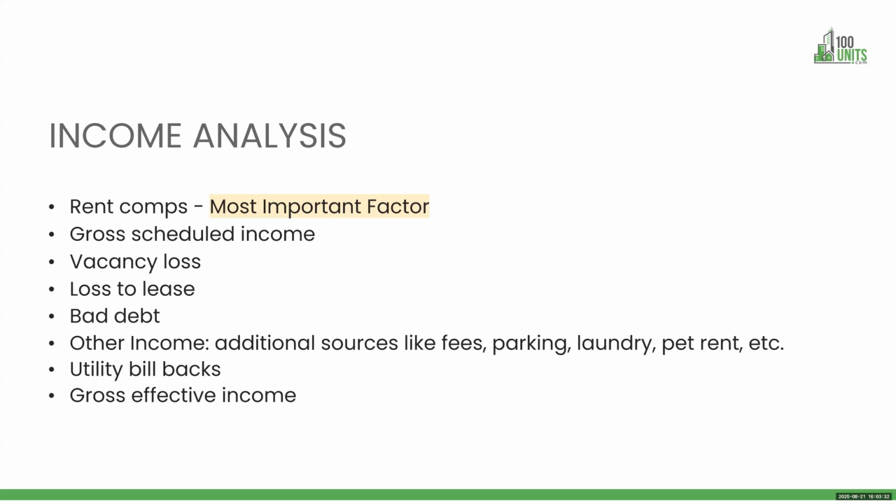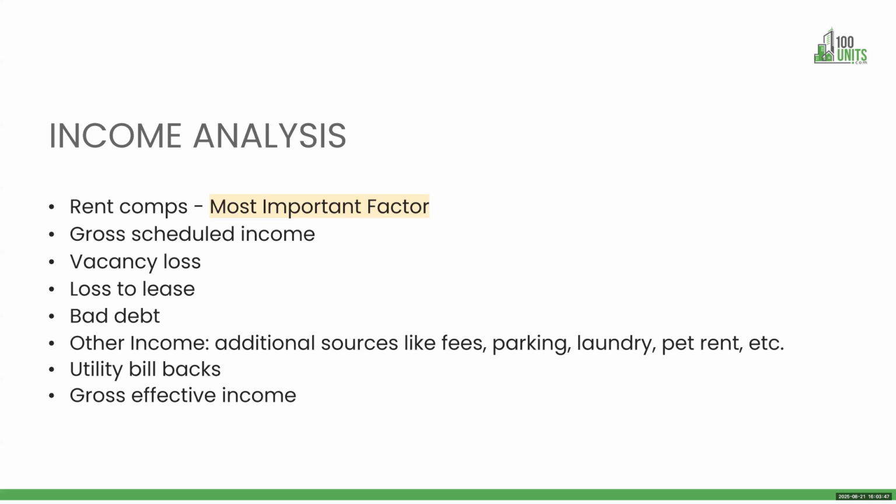Gross income, vacancy, loss to lease, bad debt. That's one that a lot of people skip, because guess what? Sometimes there's residents who forget to pay their rent, and then you have to go chase them or write it off, move on. Other income sources.